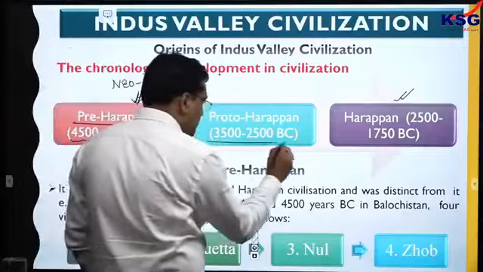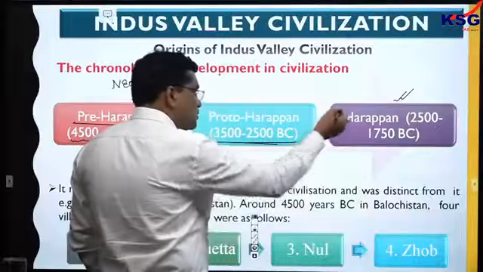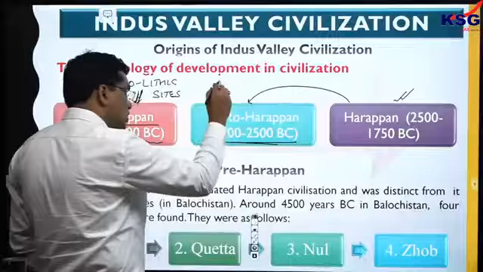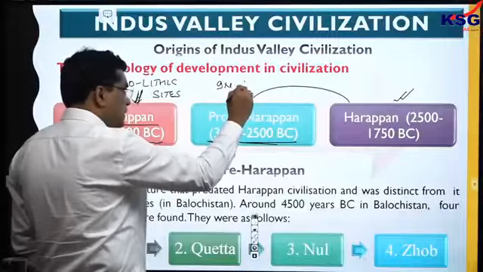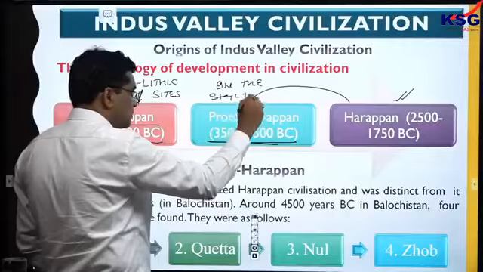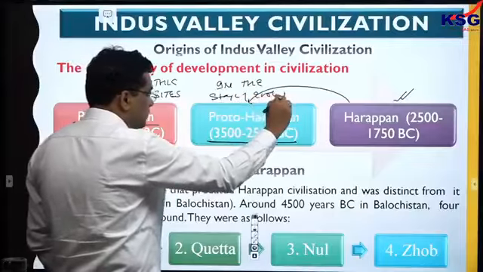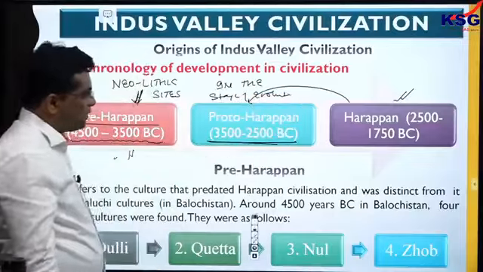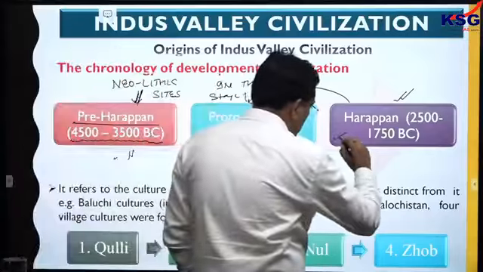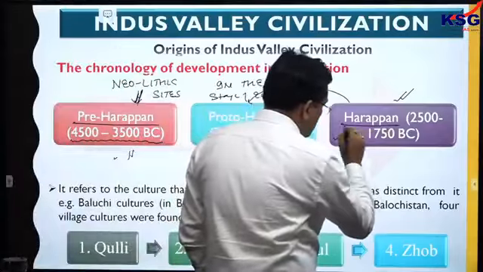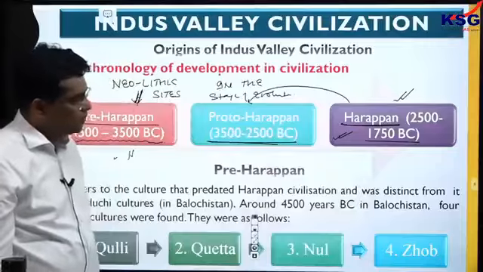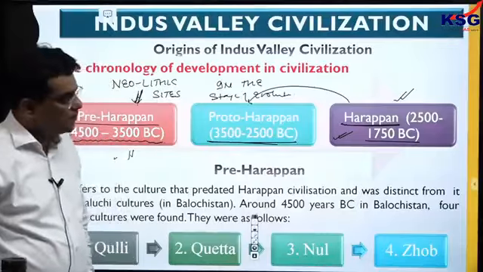Proto-Harappan sites are very close to the Harappan sites in the stage of evolution. And finally, we have the mature phase of the Harappan sites, 2500 BC to 1750 BC.